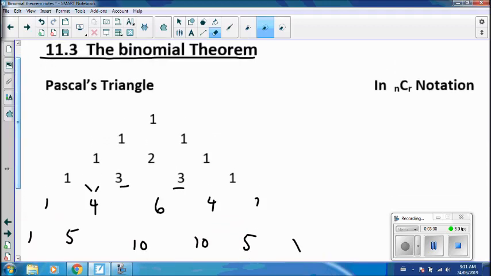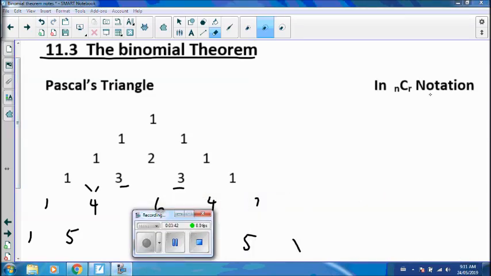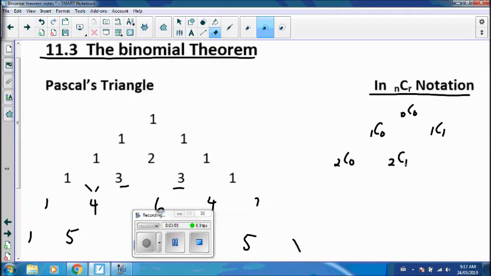And so if we look at it using combination notation, the first is 0 choose 0, which is 1. 1 choose 0, 1 choose 1, which is in both cases 1. 2 choose 0, which is 1. 2 choose 1, which is 2. And 2 choose 2, right?